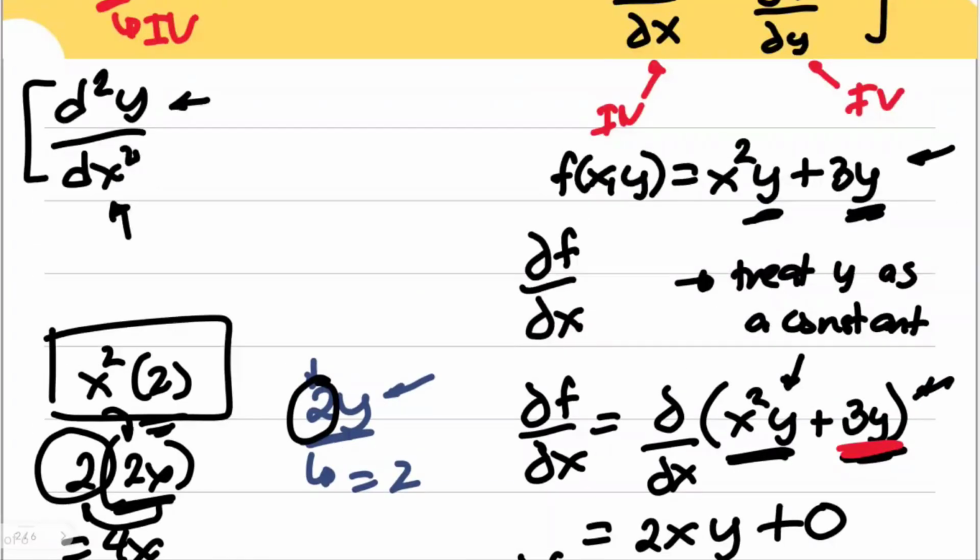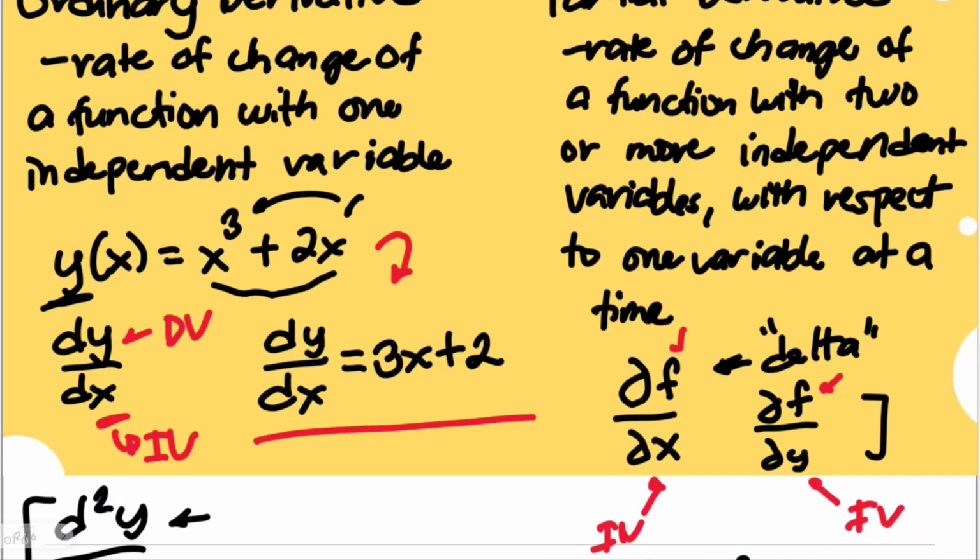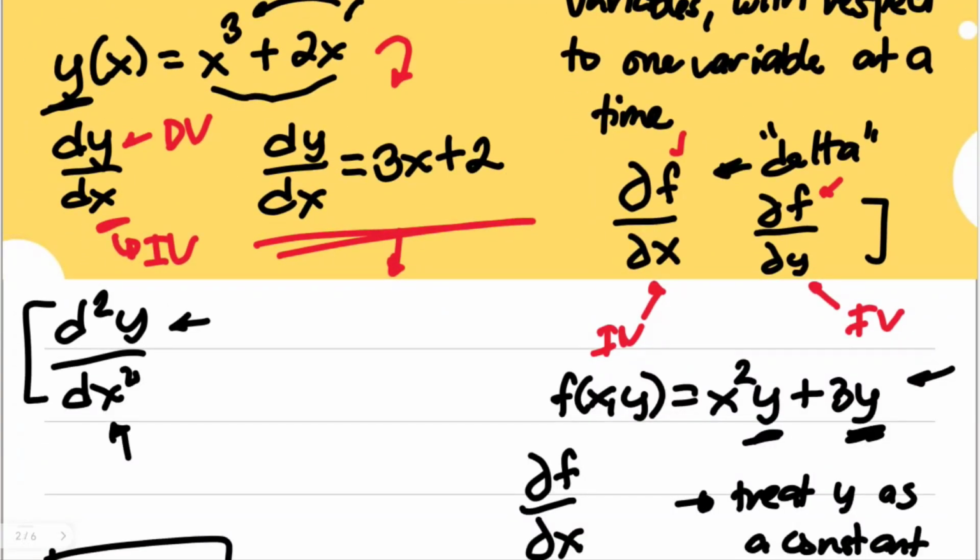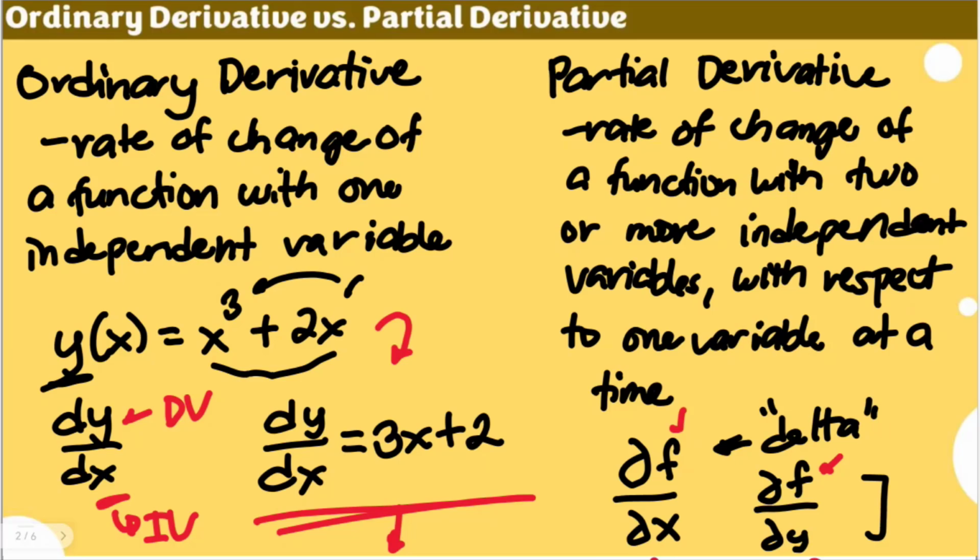But the ordinary derivative earlier, since we only have one independent variable, we don't have any other problem to consider, so we can actually take its derivative automatically. Okay, so this is how the two are different, because later on we will be talking about types of differential equation. First is ordinary differential equation. It would include ordinary derivatives. And for the partial differential equation, we're going to be talking about differential equation with partial derivatives.